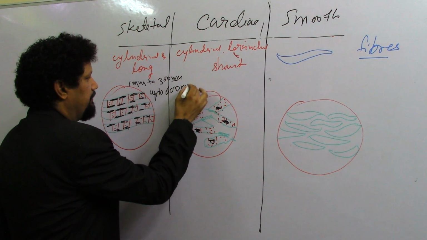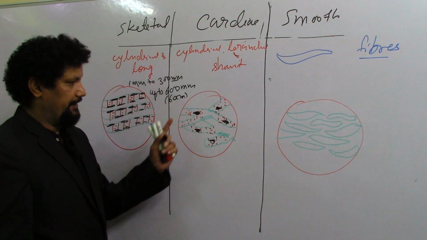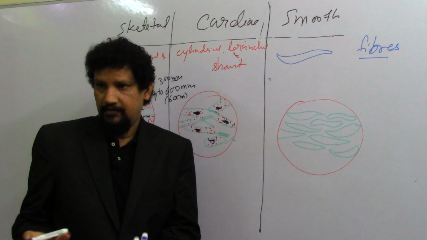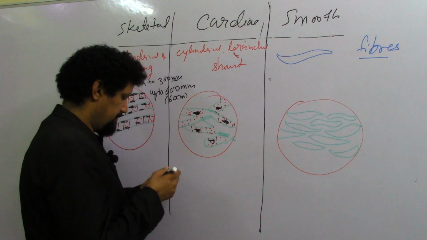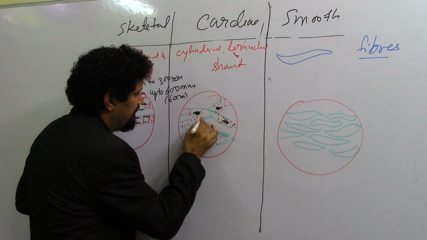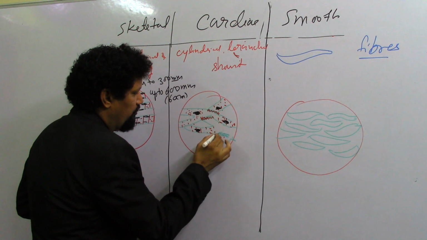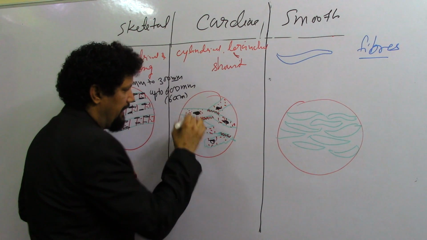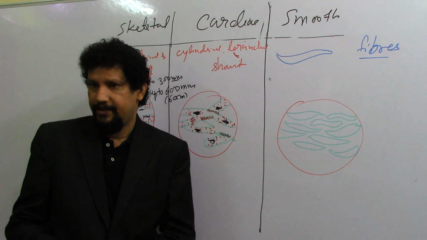But here the fibers are short and fibers are joining the neighboring fibers at the intercalated disc areas. So you can see the intercalated disc areas in the cardiac muscles or in the myocardium.